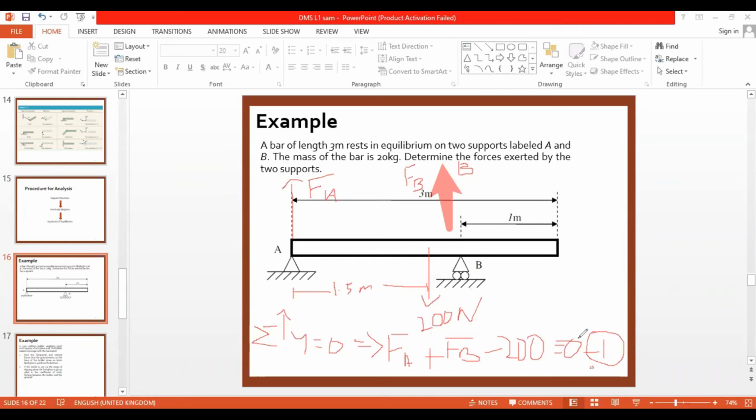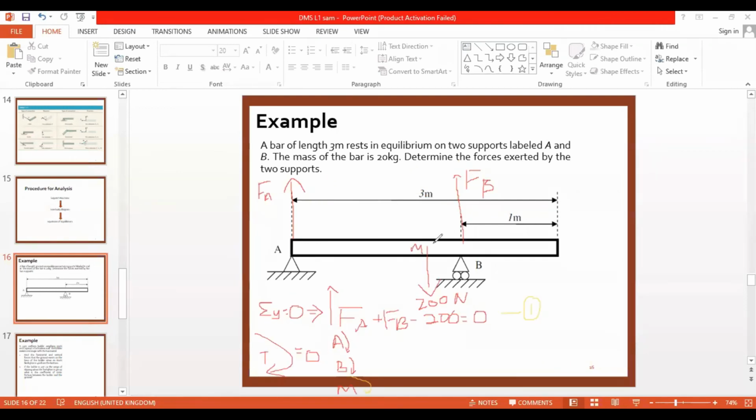Then I can take moment about any arbitrary point, right? You can take about A, or you can take about this midpoint, or you can take about this B, right? So starting from M, I will write. You see here, on the clockwise direction, this force is clockwise, right?